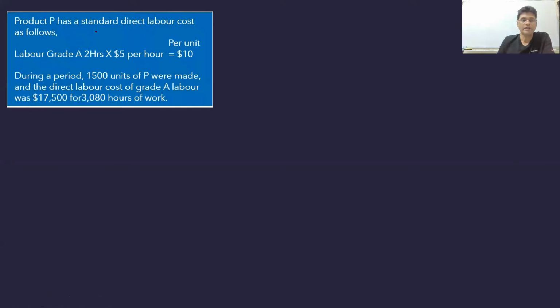Product P has a standard direct labor cost as follows. You are given the cost of the plan or the budget for this product P with regard to direct labor. Labor grade A requirement is 2 hours, $5 per hour. Per unit cost is $10.